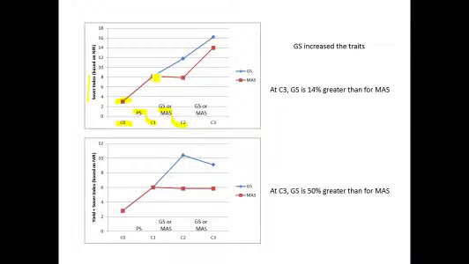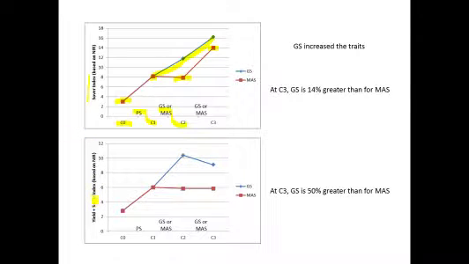If we follow the genomic selection, it has increased after one cycle of genomic selection, and you go through a second cycle of genomic selection, it is increased further. Marker-assisted selection, the first cycle of that did not work too well, but you did a second cycle of marker-assisted selection and the stover index did increase. But at that third cycle, genomic selection has produced a stover index that's 14% greater than what they got from marker-assisted selection.